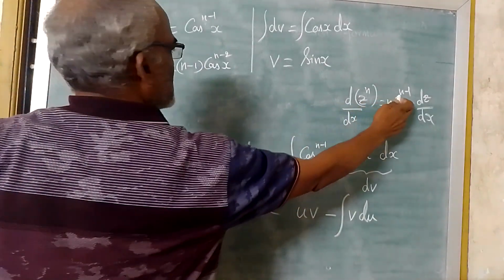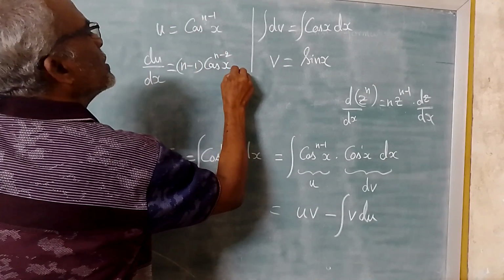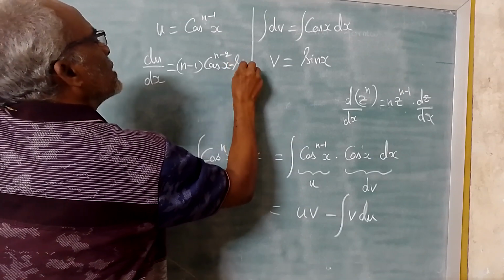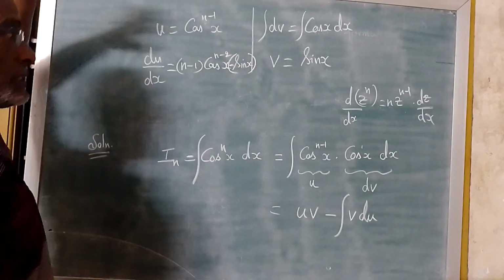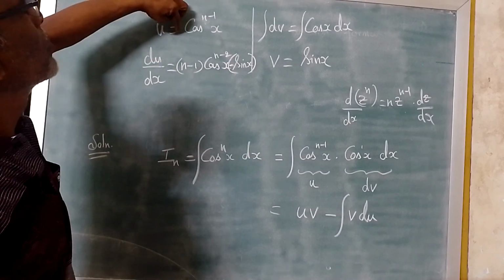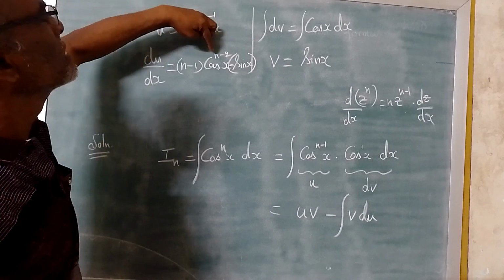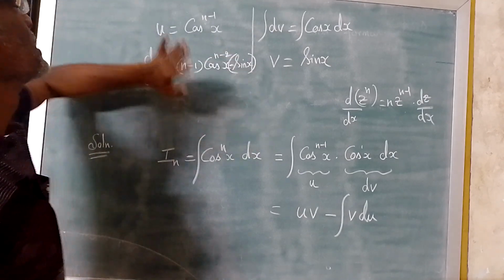Then differentiation of z, that is cos x, if you differentiate, you will get minus sin x. So once again I repeat, du by dx is (n minus 1) into cos^(n-2) x into minus sin x.